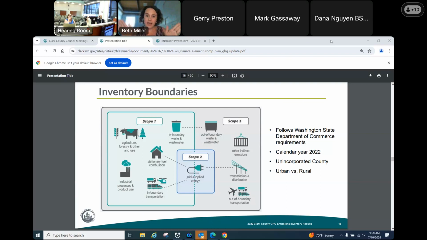We're doing this for calendar year 2022, and like I said, it's just for the unincorporated county. We also did this for a few cities within the county, but today we're just going to talk about the unincorporated county.